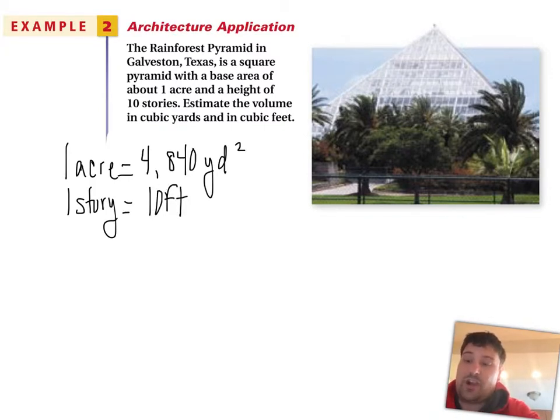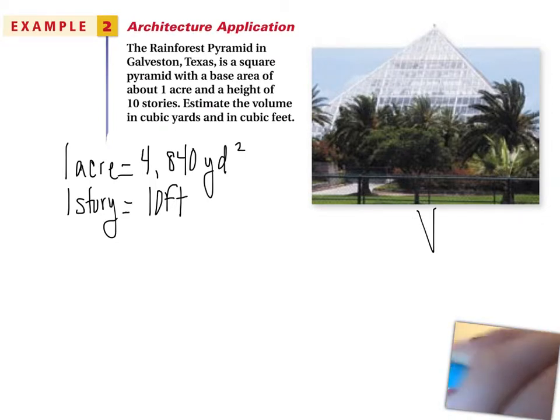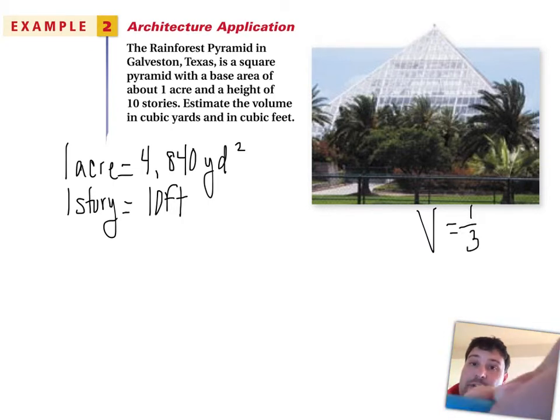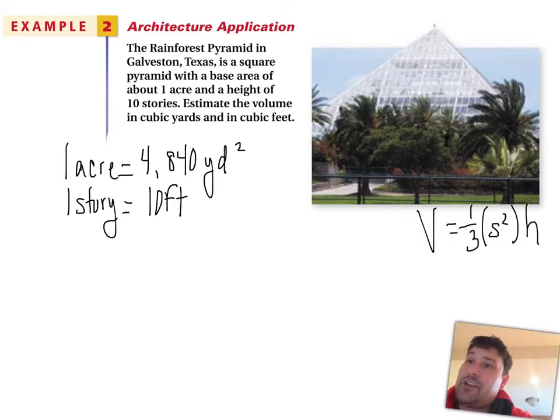So where do I start? Well, once again, I want to know the volume. So the volume of the pyramid is 1/3 the base area. Now it's a square pyramid, so it's just going to be a side length squared times the height. And I want it in cubic yards and in cubic feet.